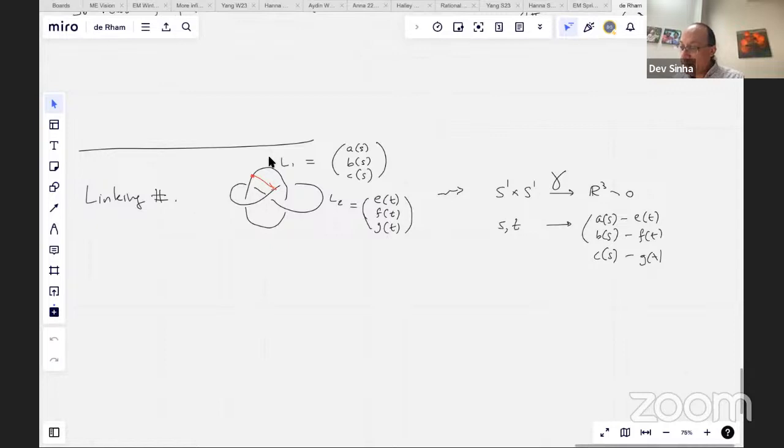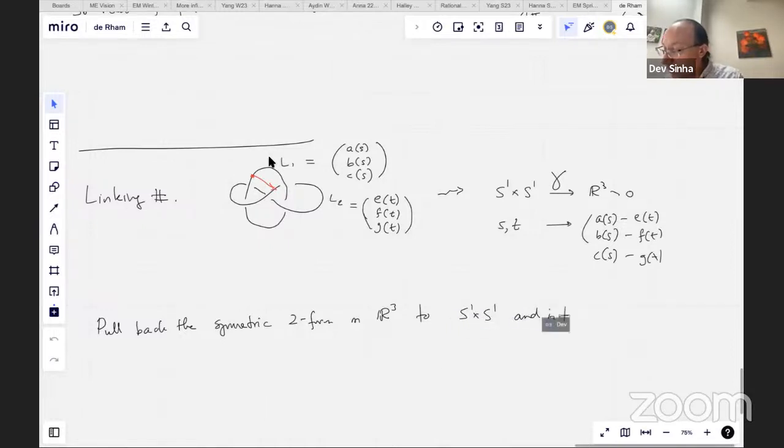And we're going to pull back the volume form, or the symmetric two form, on R3 to S1 cross S1 and integrate.